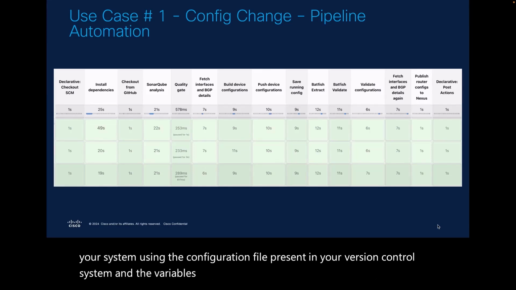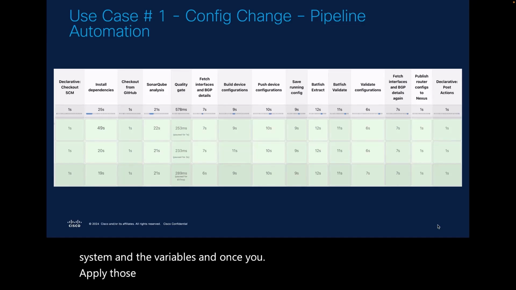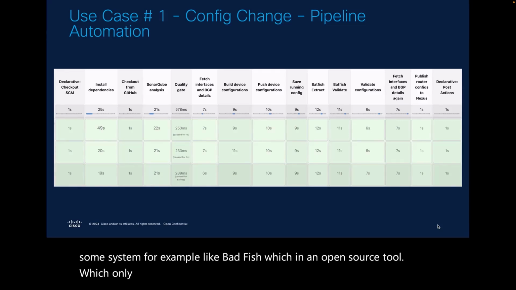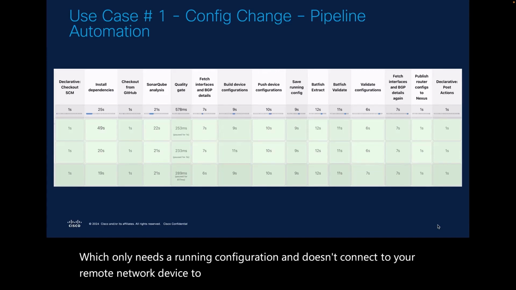And once you apply those configurations into your network, you can validate them using some system, for example Batfish, which is an open source tool which only needs a running configuration and doesn't connect to your remote network device to validate network related configuration.